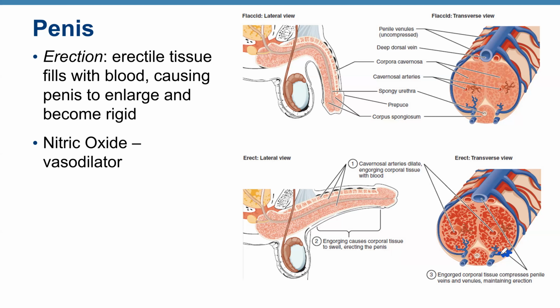So you compress this vein, and it doesn't allow blood to flow from capillaries into venules. So you keep this blood supply inside those arteries to increase the time of erection, let's put it this way.